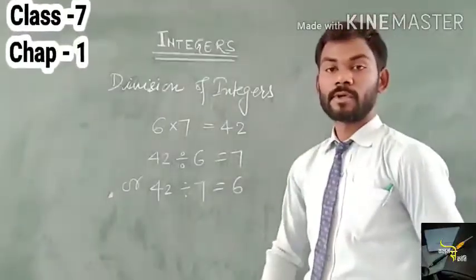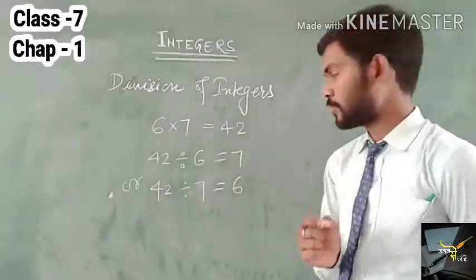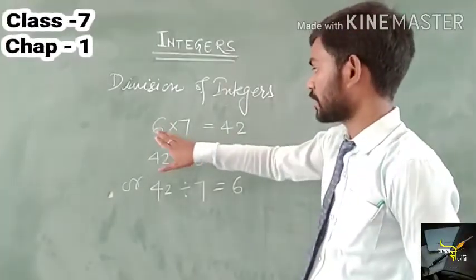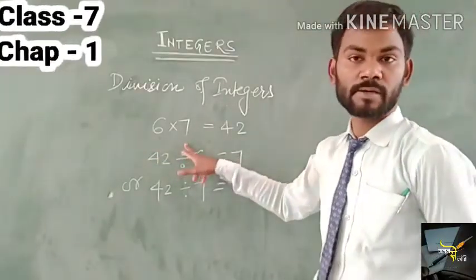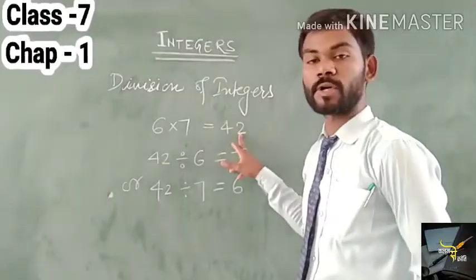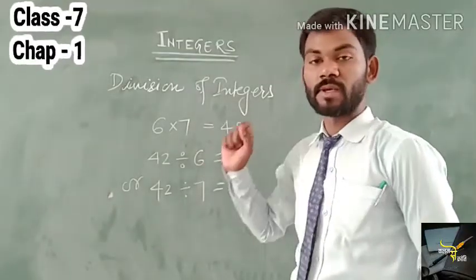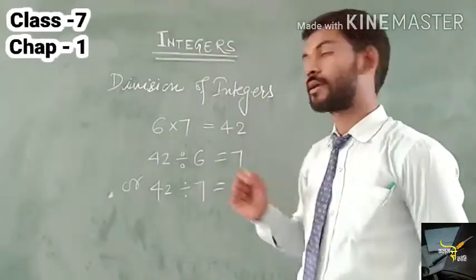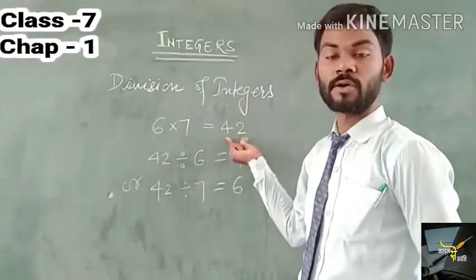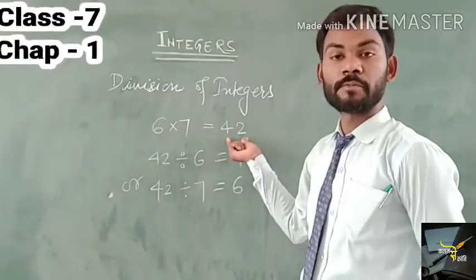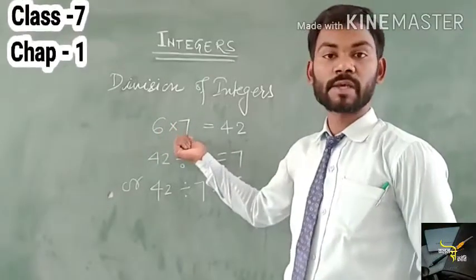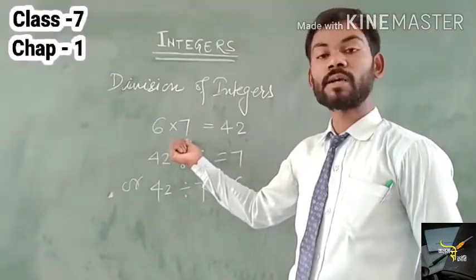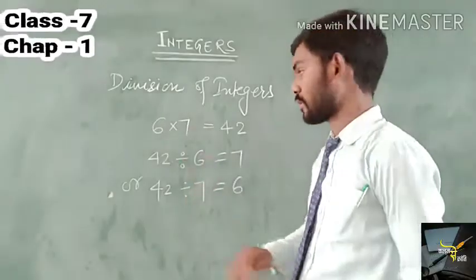So here we have to think that when 6 and 7 multiply, we get the product as 42, and if we divide this product 42 by either of them, we get the corresponding other number.